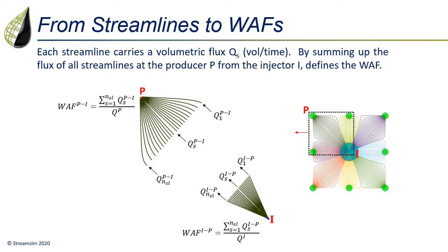Next, to compute the allocation factor, for example on the production side, we sum up the streamline fluxes from the specific injector as shown in the top formula, then divide by the total production rate QP to give the WAF at P due to I. Similarly, on the injection side, we sum up streamline fluxes leaving the injector towards P in the numerator of the bottom formula. Dividing by the injection rate Qi gives the WAF at I towards P.